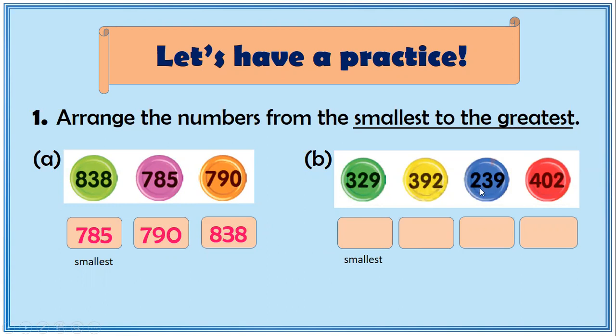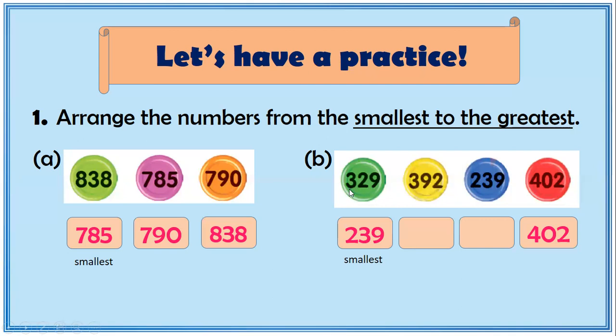3, 3, 2, and 4. So we all know that 2 is the smallest and 4 is the greatest. Okay, so let's find out which is smaller between 329 and 392.